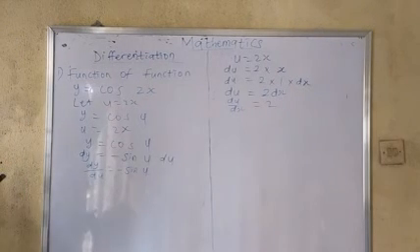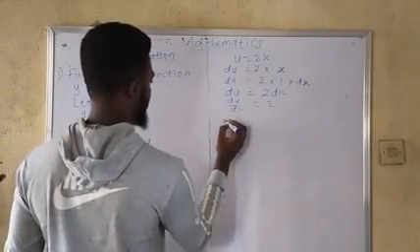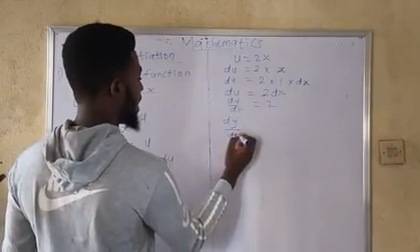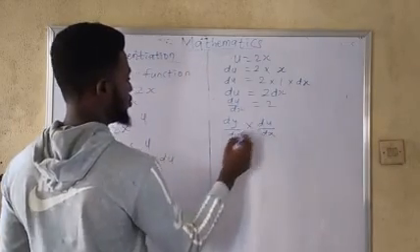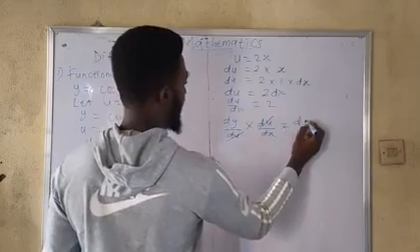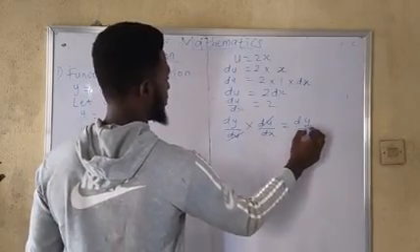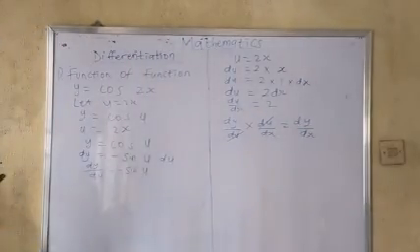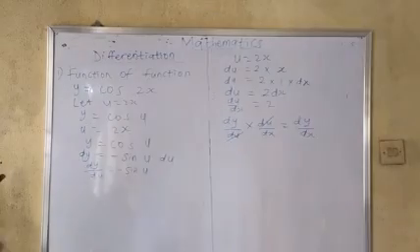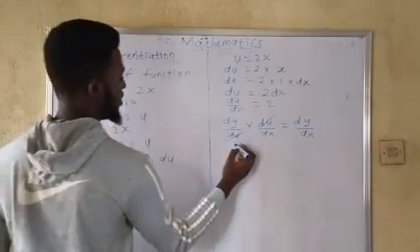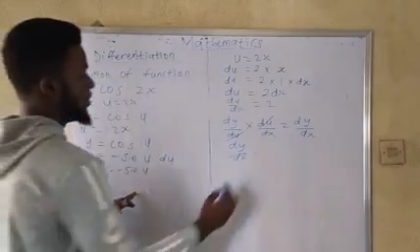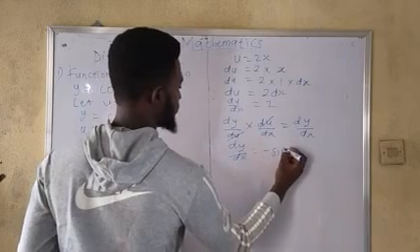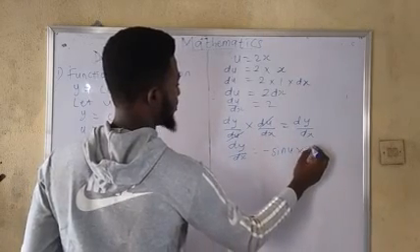So mathematically, I can begin to see a symmetry. If I have my dy/du and I multiply it with my du/dx, what do I have? du cancels du, and what do I have here? dy over dx. So I can multiply my dy/du and my du/dx to get dy/dx. This means that dy/dx equals dy/du, minus sine u, times du/dx, 2.